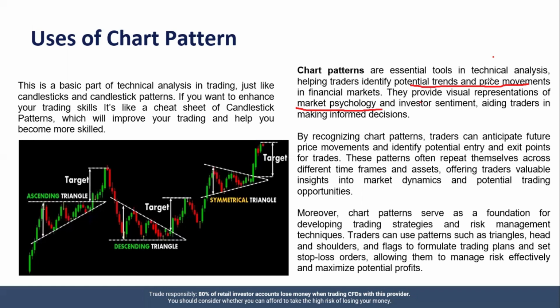So they provide a visual representation of the market psychology and investor sentiment. Okay, when you can look at the market and figure that, okay, if Euro Dollar is forming this kind of pattern, that means so many institution traders are shifting from bullish to bearish, or from bearish to bullish.